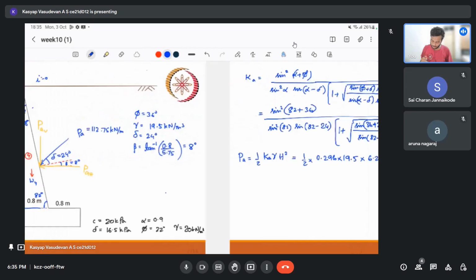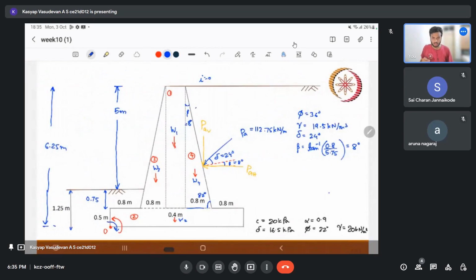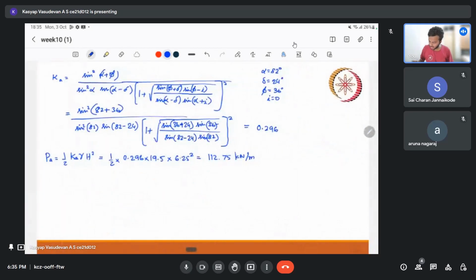When we resolve now to PAV and PAH, our total angle is delta plus beta, that is 24 plus 8, right? So I can resolve this as PAV, that is a vertical component. I can write it as PA sine of delta plus beta, that is 112.75 into sine of 24 plus 8.